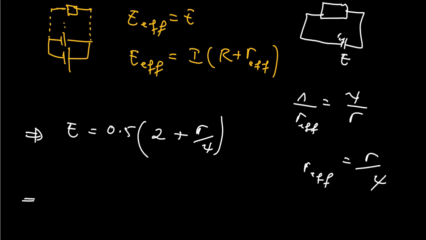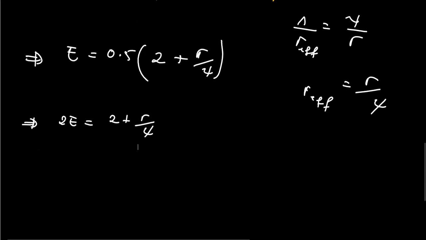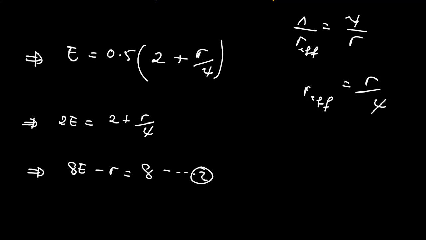So rearranging, we can multiply through by 2, I get 2E will be equal to 2 plus R divided by 4. And so if I multiply all through by 4, I will get 8E minus R is equal to 8. We'll call this equation 2.